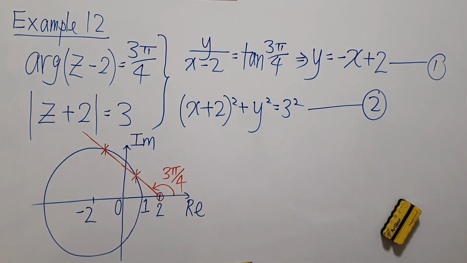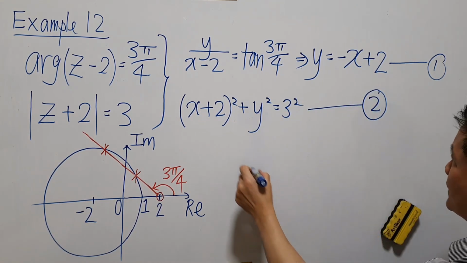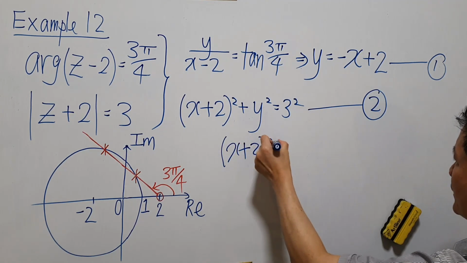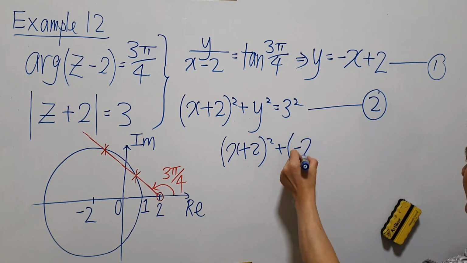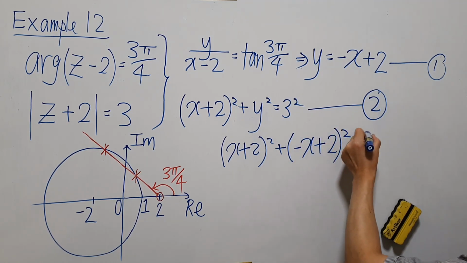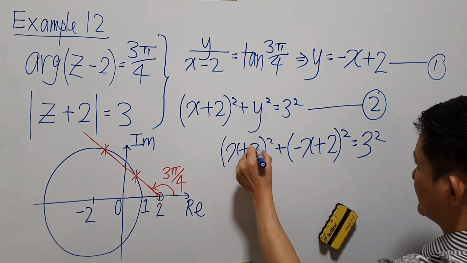So now I intend to solve these two equations simultaneously for x and y. How do I do it? I can just replace this into here. I will get x plus 2 squared plus (minus x plus 2) squared equals 3 squared. Let me write this 2 carefully.